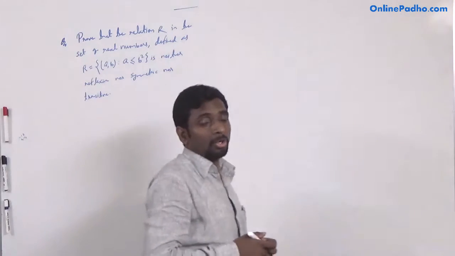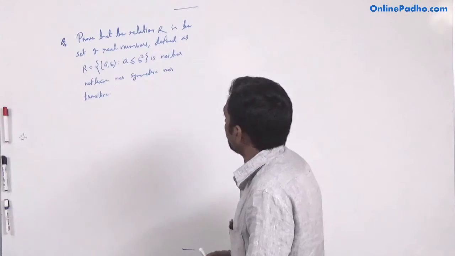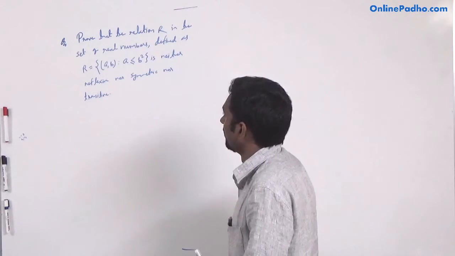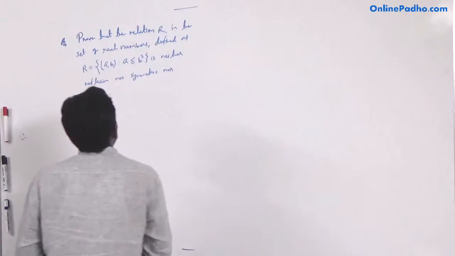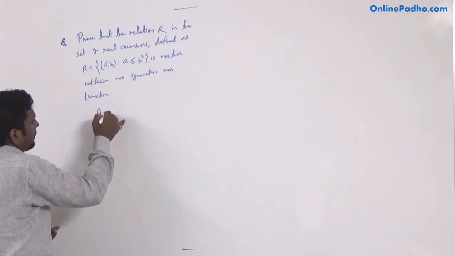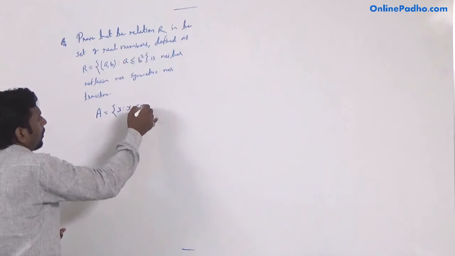Right? So we have to prove this relation is neither reflexive nor symmetric nor transitive. a is less than or equal to b square. And what is the set here? The set is the set of all real numbers, x such that x belongs to all real numbers.